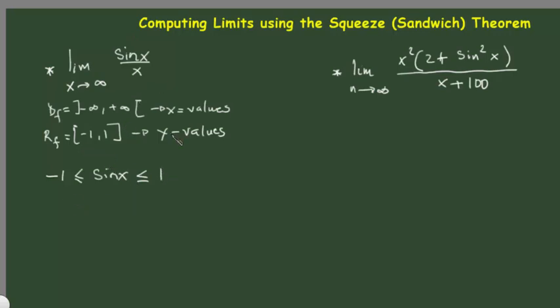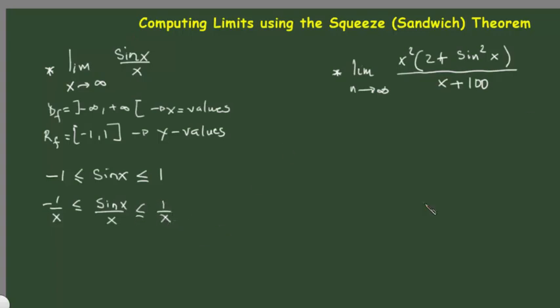And now if we divide this whole inequality by x, we will have -1 over x less than the sine of x over x, and this is actually our function right here, less than 1 over x, right?